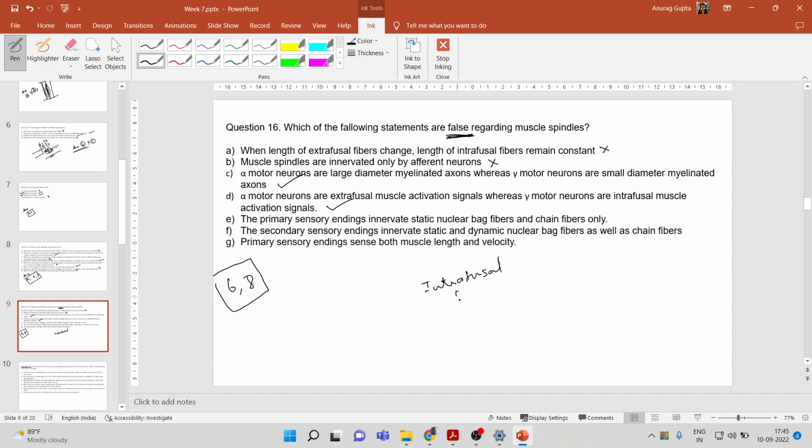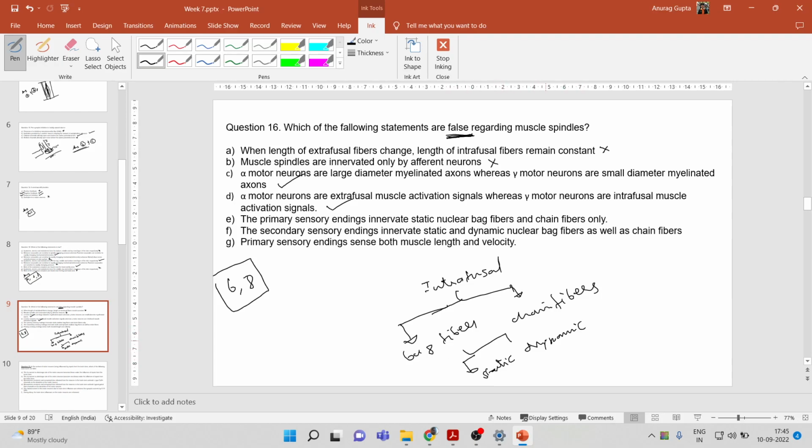We have chain fibers and we have bag fibers, and the bag fibers are further divided into static bag fibers and dynamic bag fibers.